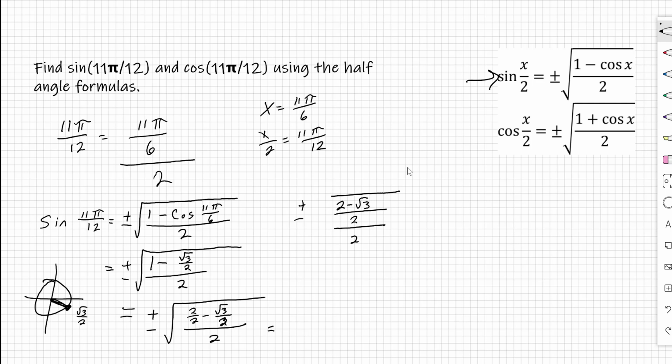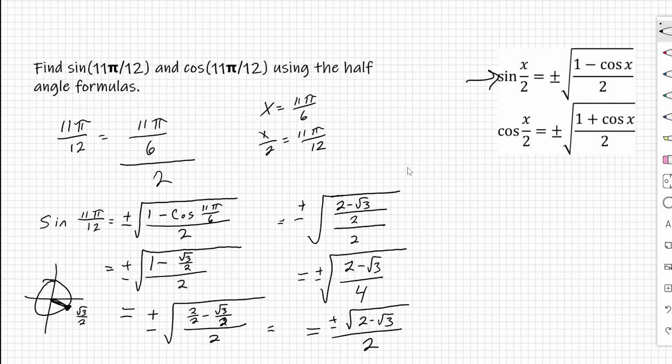Make sure that we make it obvious the radical covers everything. That gives us the square root of 2 minus the square root of 3 all over 4. And we can simplify this because the square root of 4 is 2.